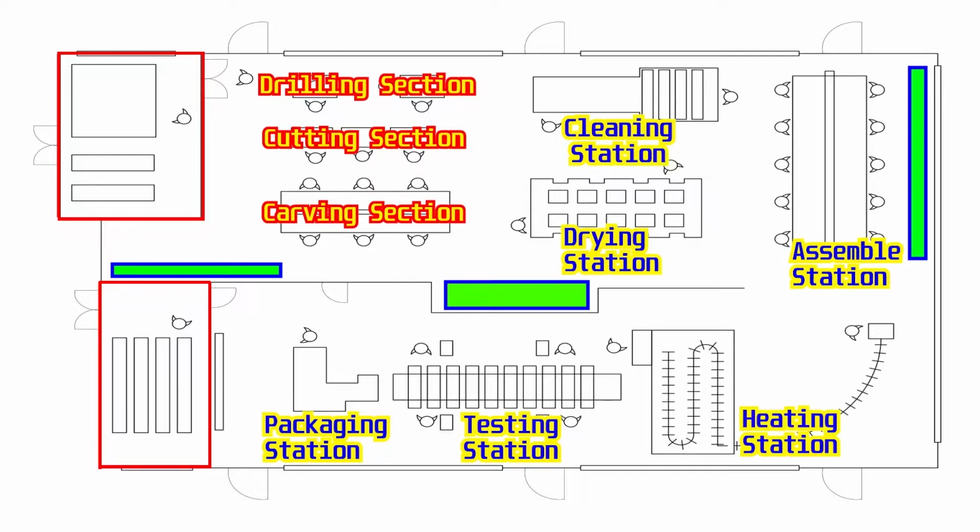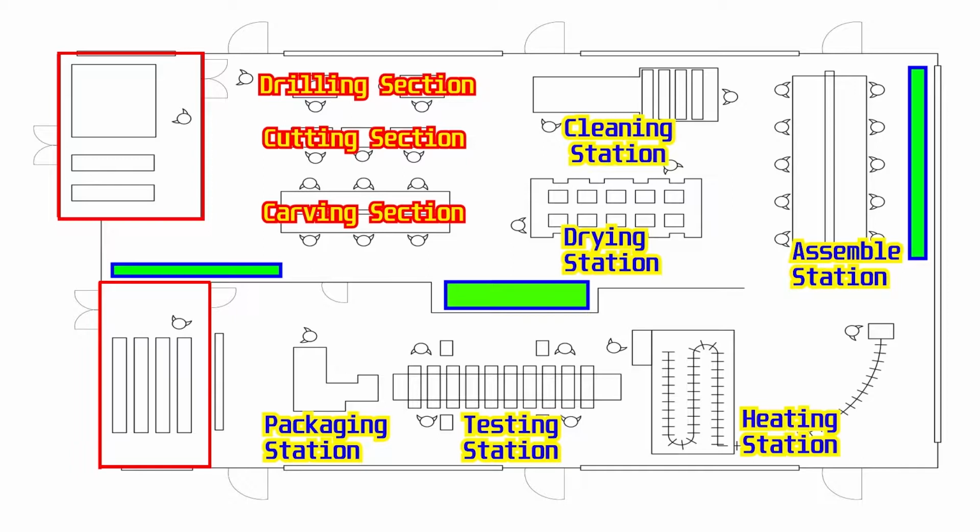We also designed the plant layout with several exits located at the side of the plant. These exits are important in case of emergency. 2 specific exits are located at the storage area to ease the loading and unloading of materials from and to the truck.